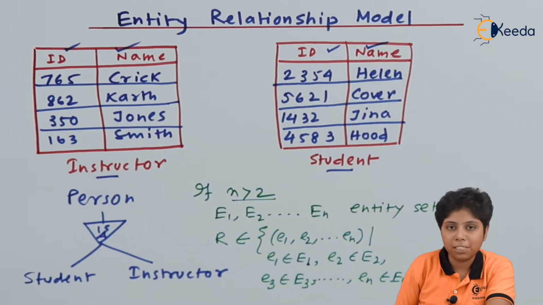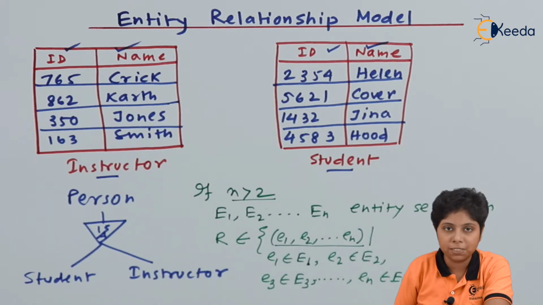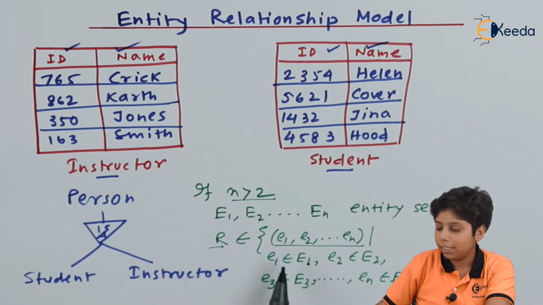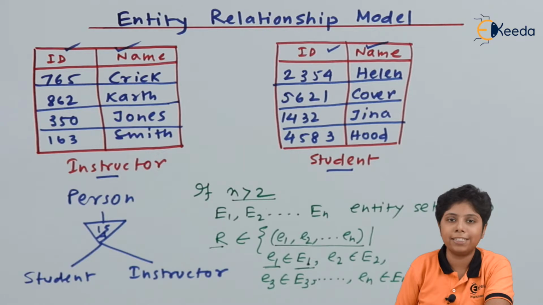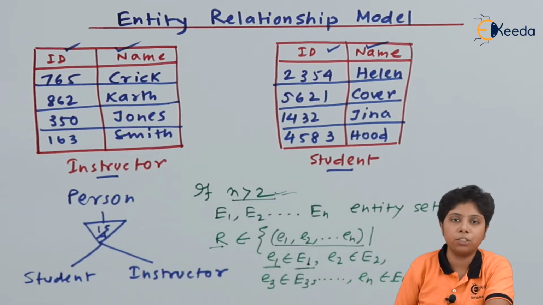This is the formal definition: if E1, E2 to En are the entity sets of R, then every relationship must belong to some of the entity sets if there are two or more entities.